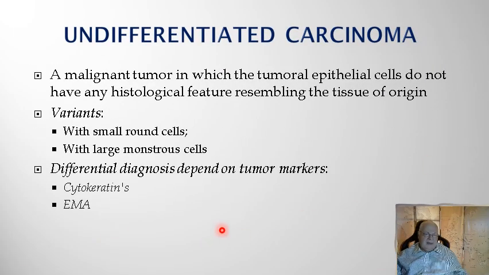And now the undifferentiated carcinoma, which is, as the name says, so undifferentiated that the cells are not even organized in islands with connective vascular stroma like all the carcinomas until now.